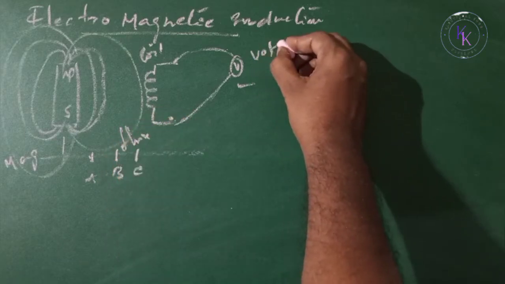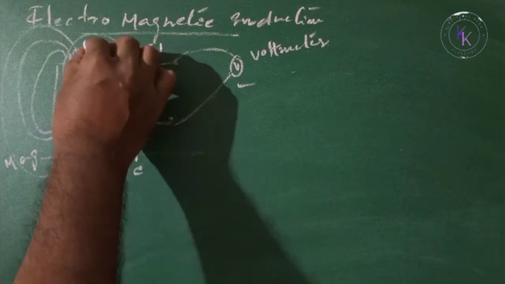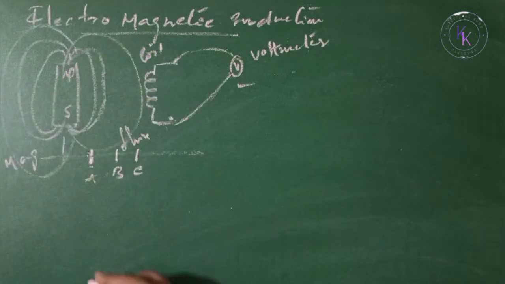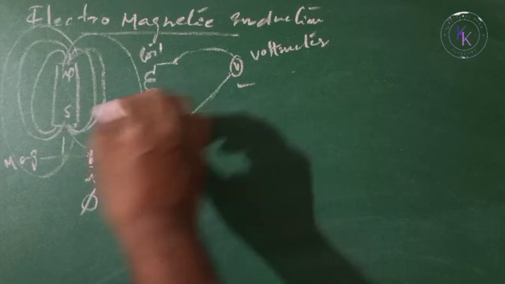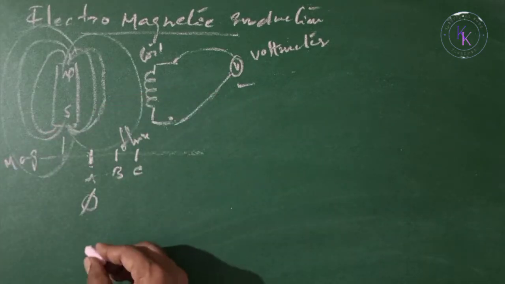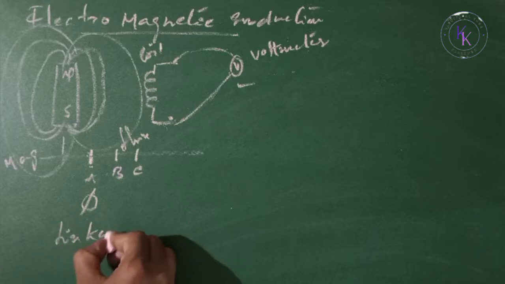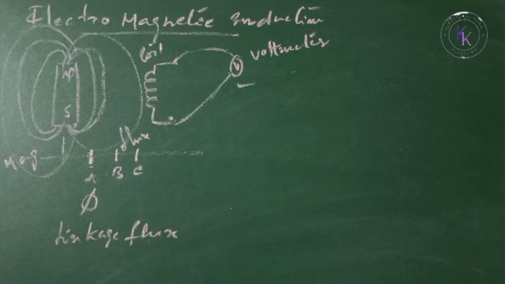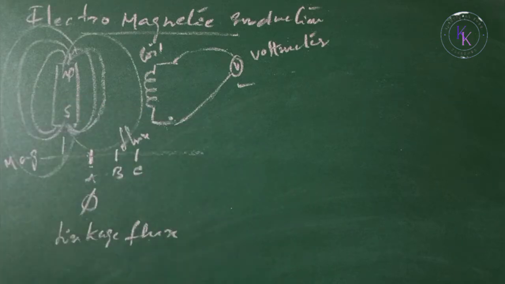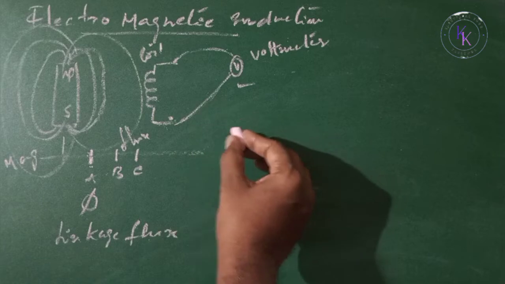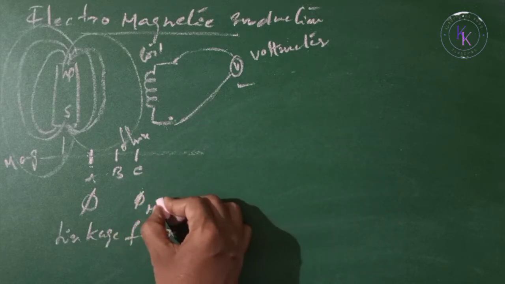This is the voltmeter. So when this coil comes nearer to the magnet, there will be some flux linking to this coil. That is known as linkage flux. This linkage flux will be maximum when the coil comes nearer to the magnet, and when the coil goes away from the magnet, the flux linkage will be minimum.